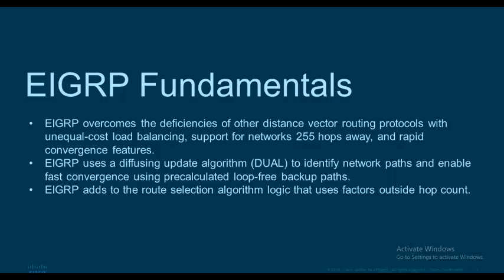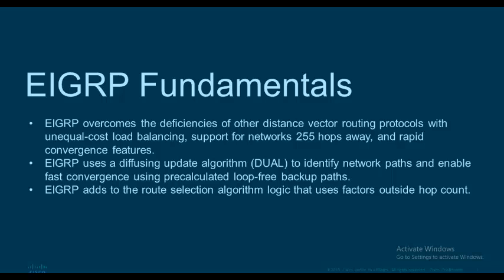Now we saw that EIGRP selects the best path as well as the alternate path by making sure that there is no loop. It is possible through this algorithm called the Diffusing Update Algorithm, DUAL.